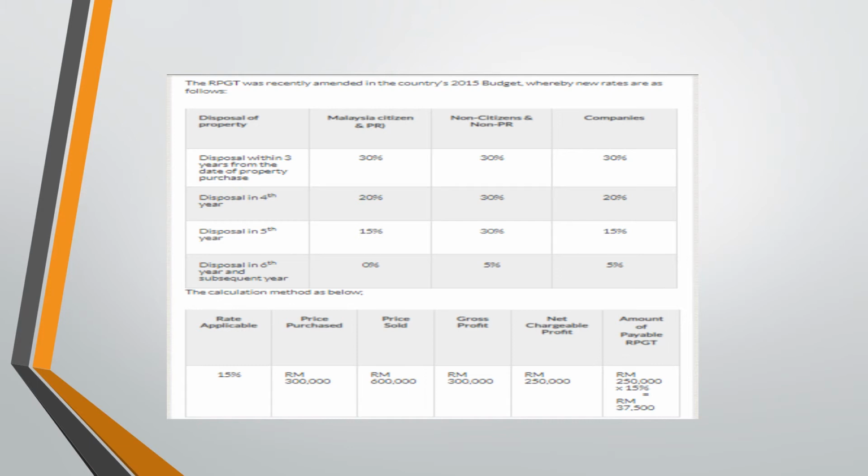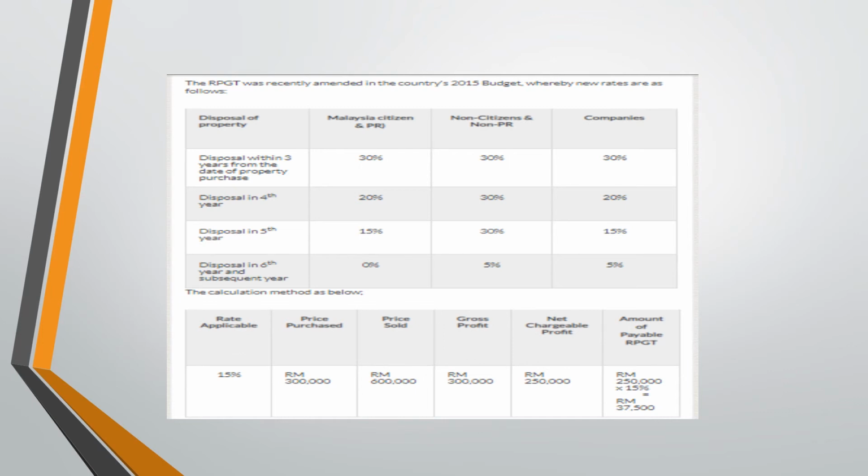The calculation method for RPGT is as below. The rate applicable is 15%. Price purchased is RM300,000. Price sold is RM600,000. Gross profit is RM300,000. Net chargeable profit is RM250,000.